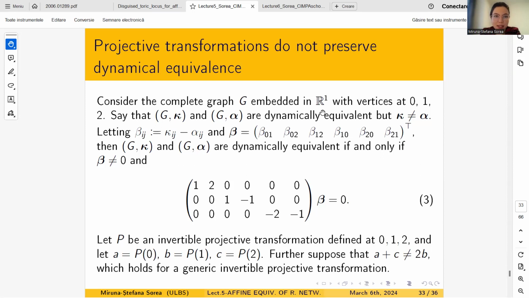Again, since it's a graph in R to the power 1, I don't draw it. Start with the complete graph on 3 vertices, 0, 1, 2. So again, you can think of the triangle on a line in some sense.